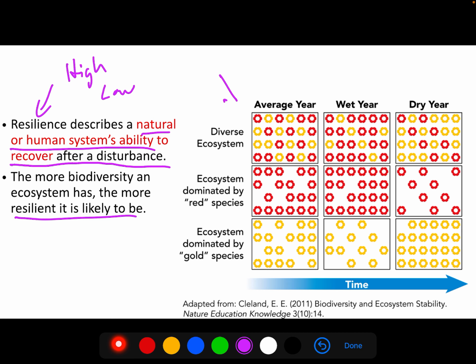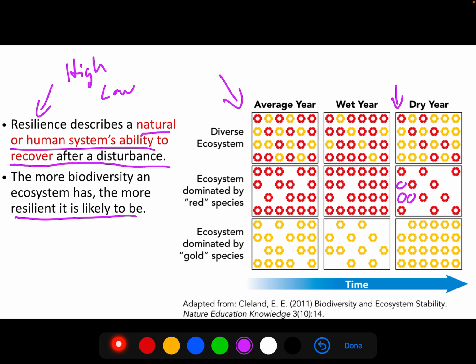So let's look at this picture for a second. You can see right here, red species and yellow species. A diverse ecosystem leads to, notice how there's no spaces, right, in the diverse ecosystem.